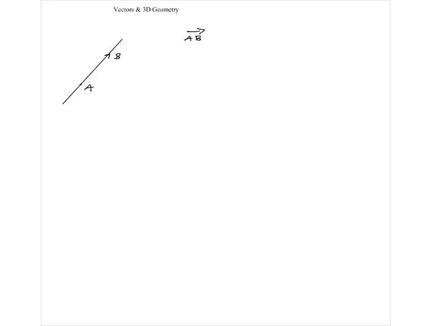If I extend this support, it could be the same support or it could be some parallel support. And direction should be the same. Three things: same length, either the same support or parallel support, and same direction. These three conditions are needed for equality of vectors.